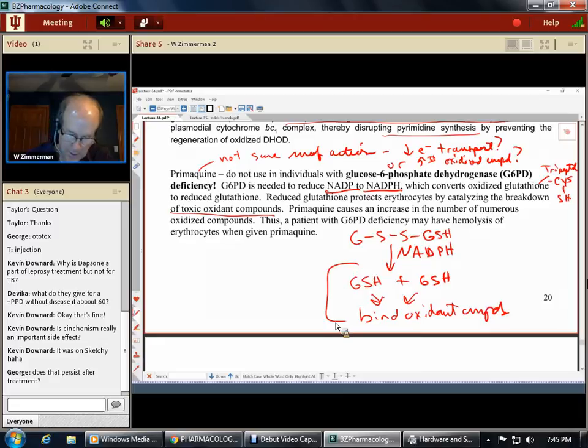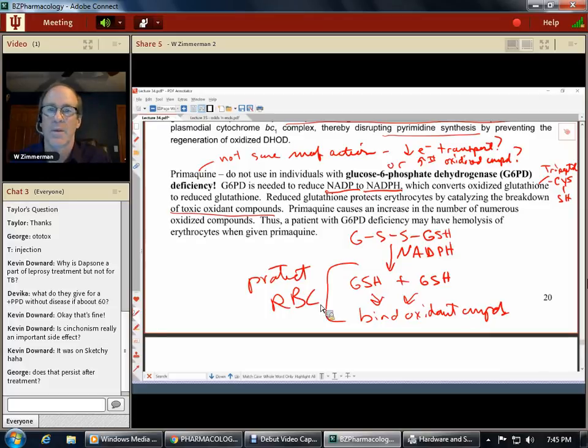And that's going to protect the red blood cell. So, somebody doesn't have much, just genetically. People of Mediterranean descent and some others don't have a lot of glucose-6-phosphate dehydrogenase activity to start with.